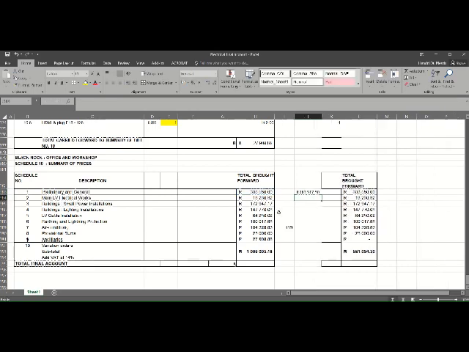Okay, so let's conclude that the low voltage, all of it was included in this installation. Small power installation, we conclude that as well. And then we've got lighting installation, which was also applicable. Low voltage cable installation.